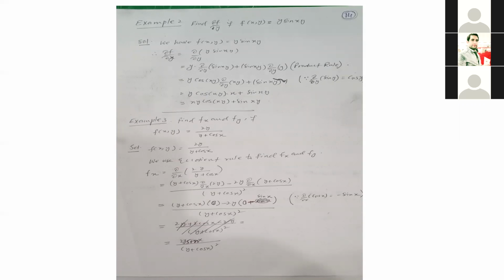Applying partial differentiation with respect to y on both sides. On the left, you have del f by del y. On the right, instead of the function, you have its value, divided by del f. Product rule.